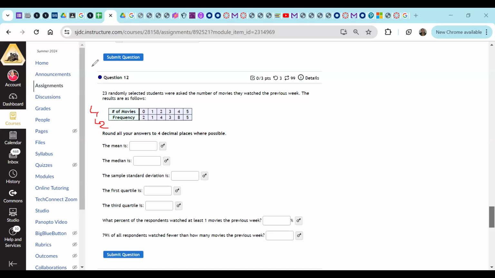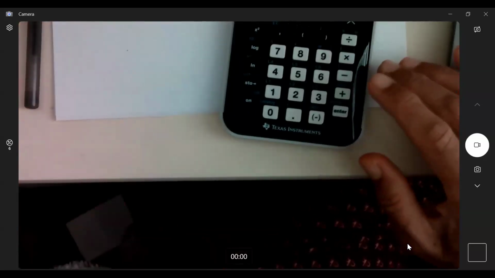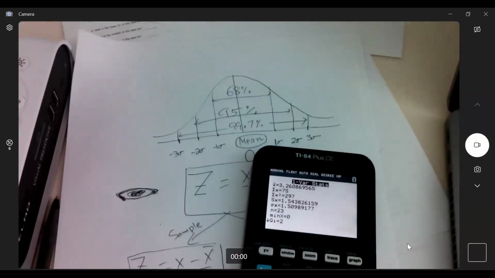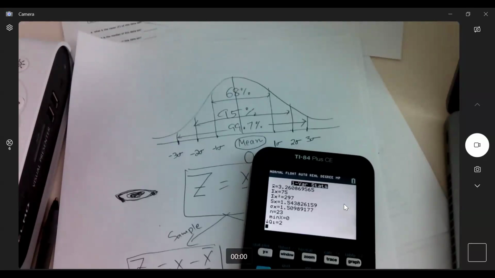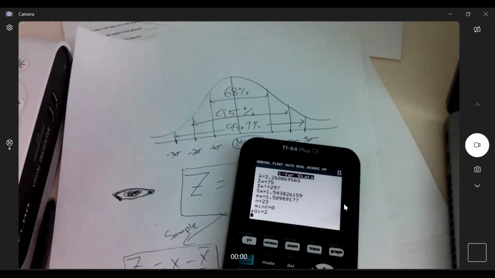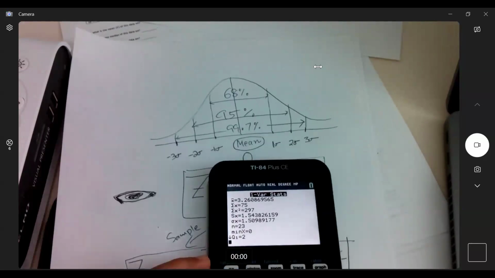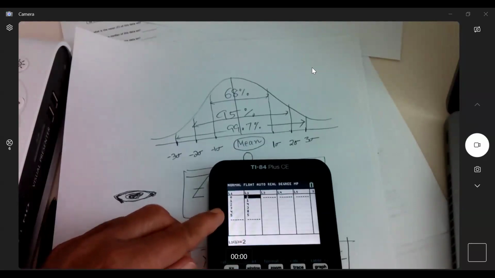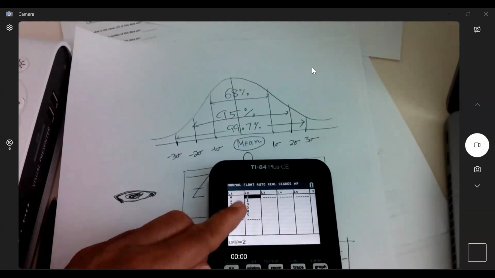To remind you of the calculator steps, I'm going to take you here to the calculator. As you see up on my screen, firstly in the stat, I have the first list 0, 1, 2, 3, 4, 5, second list 2, 1, 4, 3, 8, 5.